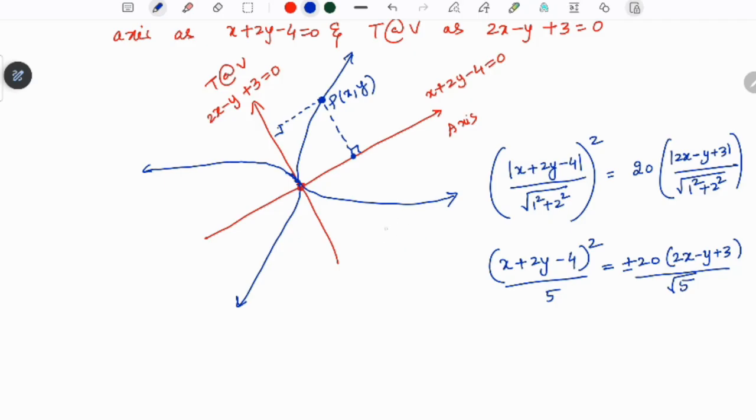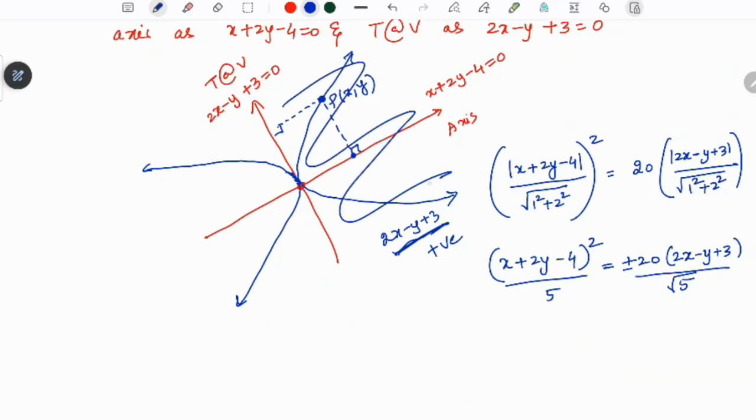You take any one point in this region, substitute in 2x minus y plus 3. If this is positive, then for all points in this region, this is going to be positive. Okay. Since in this region 2x minus y plus 3 is positive, you can directly remove the mod.